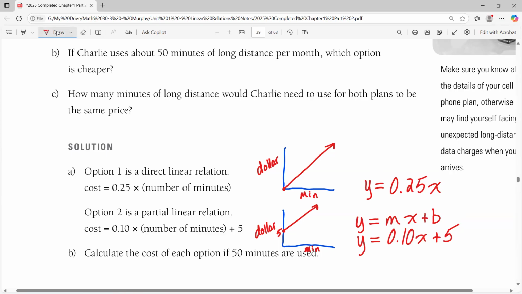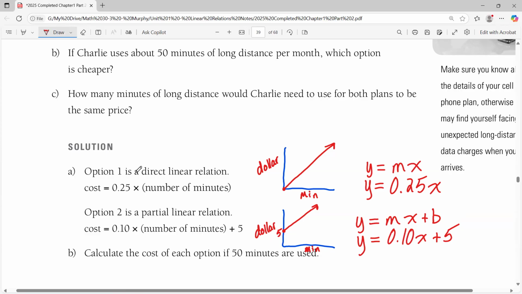Rate is slope. You can also use the word per, like I mentioned before: 25 cents a minute, or 25 cents per minute. So that's how you know this one is in this form because it's direct. There's no y-intercept that is greater than 0.